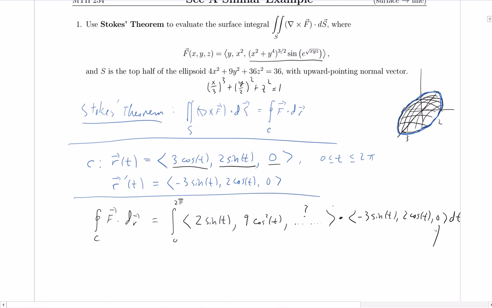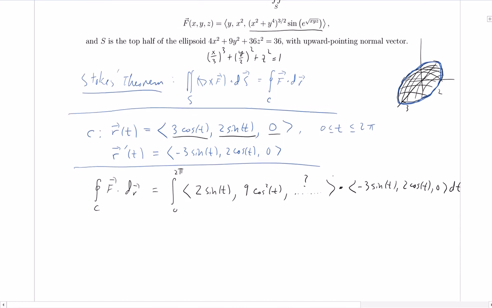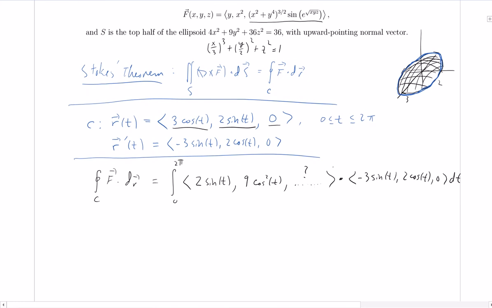And now here is exactly why I didn't write the big, nasty, messy z component of the vector field F, because we're taking the dot product with a vector that has a 0 in the z component. So whatever this big, nasty thing is, it doesn't matter, we're just going to multiply it by 0. So we might as well not waste our breath writing it all out.